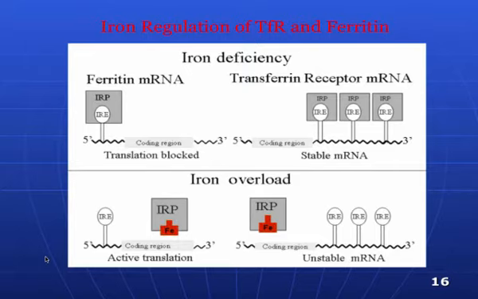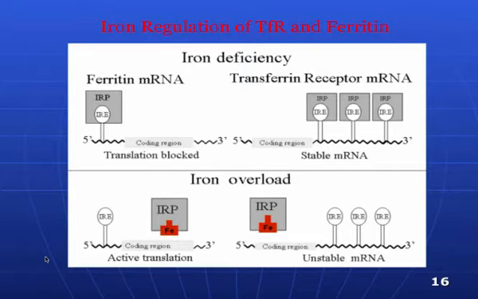So when IRE-BP binds IREs in the 3' UTR, it protects the mRNA from RNase degradation. That's why it says stable mRNA here. So theoretically, if an mRNA is around longer, can more of it be translated? So that typically means translation stays high.